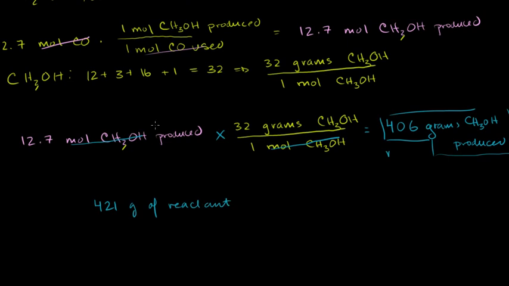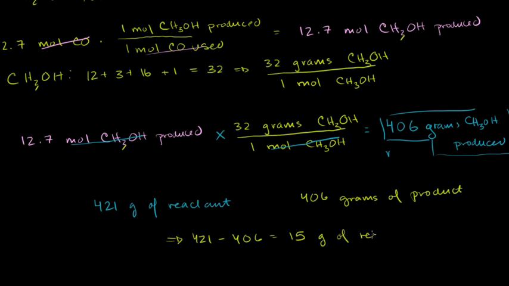And then we end up with 406 grams of product, our methanol. So that means that 421 minus 406 grams of reactant was not used. 421 minus 406, which is equal to what? 21 minus 6 is 15 grams of reactant not used.